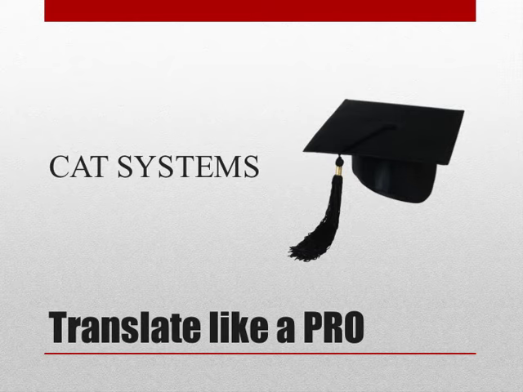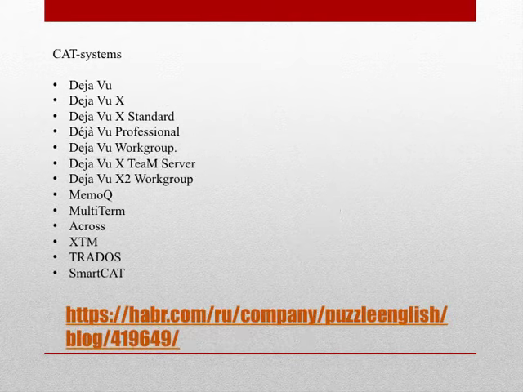So CAT systems are the ones that offer you to build up some glossaries, to add certain portfolios, so to say, or certain experience of your translation to your future challenges, right? So these are the CAT systems that I personally know. Deja Vu offers a lot of packages for machine translation, but I personally do not like all of them.